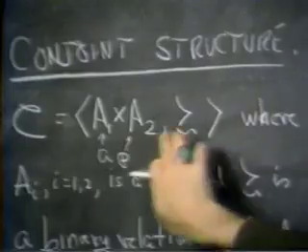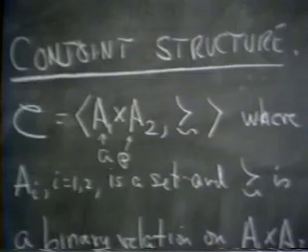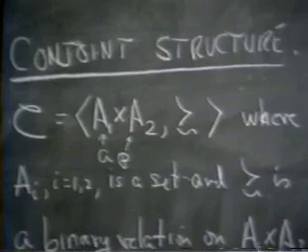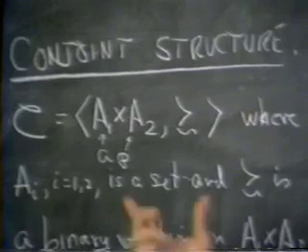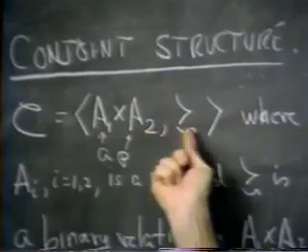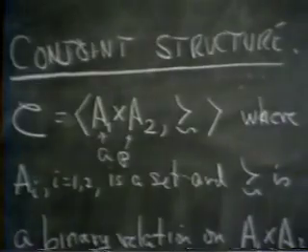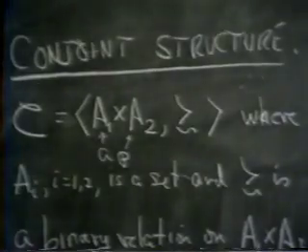This binary relation is defined on the Cartesian product A1 cross A2. Now, at first blush, this looks simply like ordinal measurement. After all, the Cartesian product is itself a set, and you have an ordering on it, and that's all you have. And that sounds just like ordinal measurement.